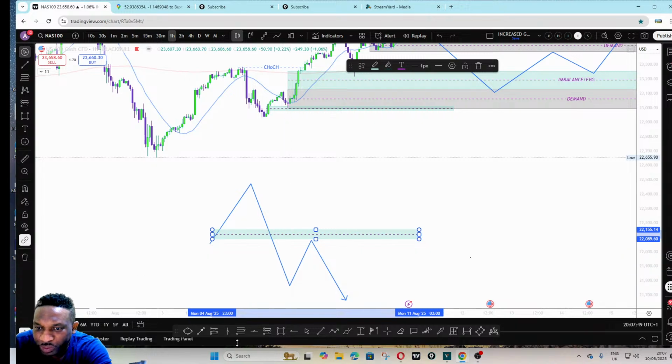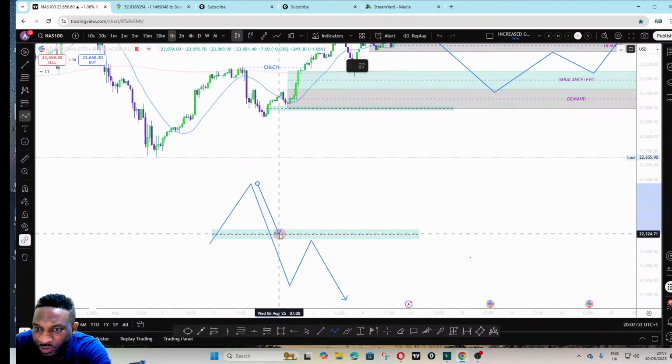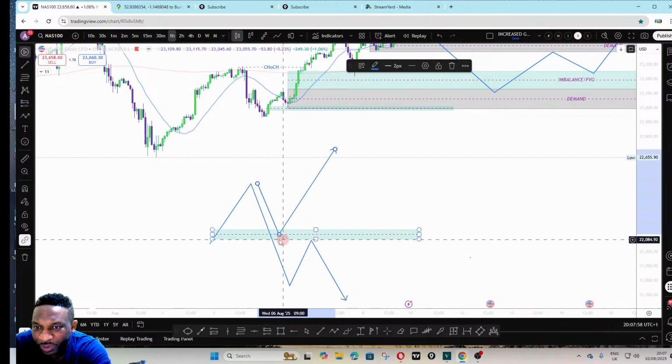We're expecting price to react from this imbalance, from this high to here, and then push up. But this time around that didn't happen.